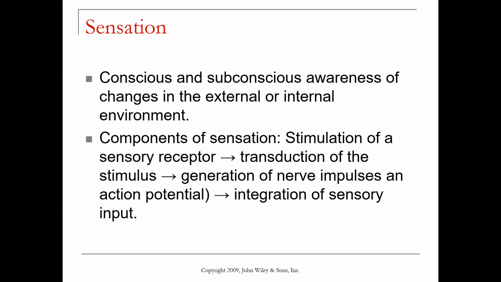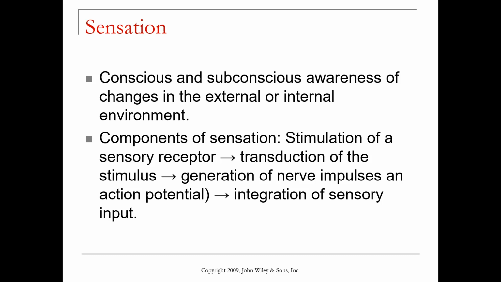But what happens if it's subconscious? What happens if, for example, you run up a flight of stairs and you burn more glucose in your skeletal muscles to do that, and you release more carbon dioxide, and that carbon dioxide is carried to your lungs, and your blood's getting more acidic because of that. Your blood pH is dropping. So your brain says, hey, we got to breathe faster to blow off the CO2.